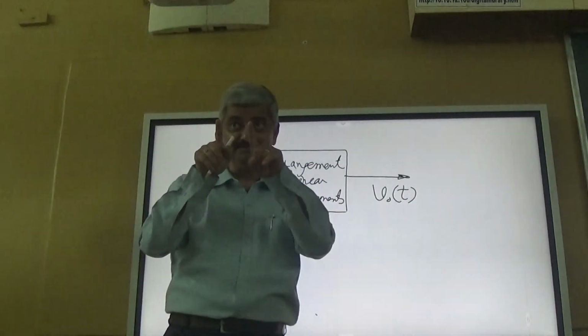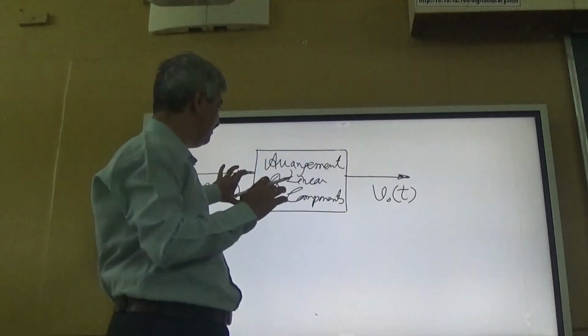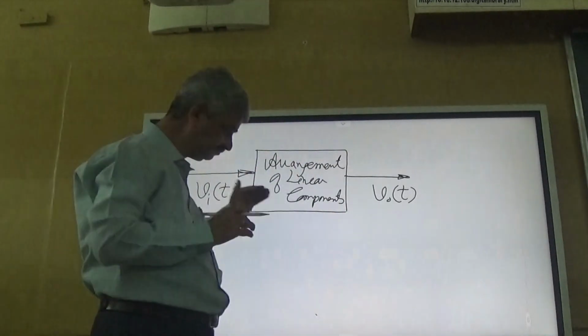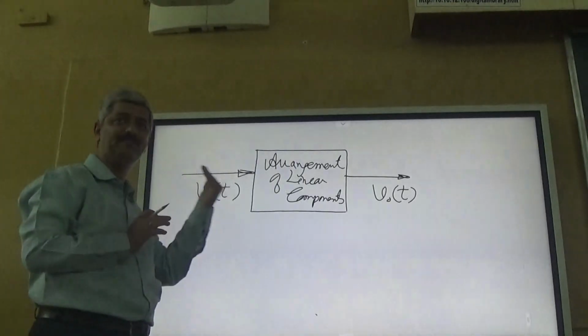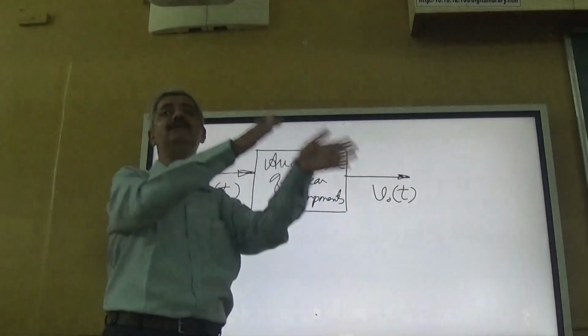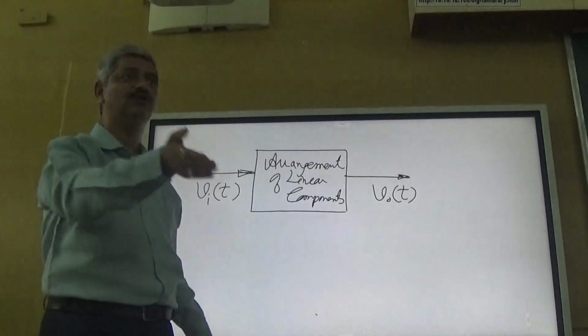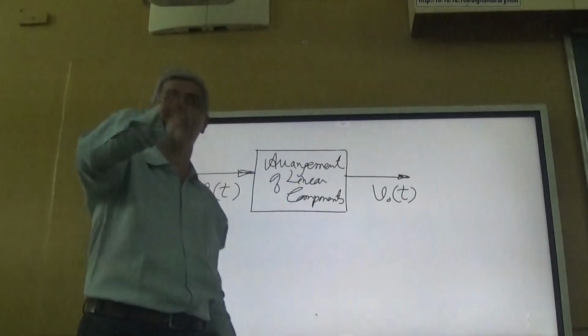Do you get the question? A system is there, input terminal, output terminal, common ground. Input voltage is applied, output voltage is seen, and you see both of them completely. If I apply one input, you see the output. I apply another input, you see the output.